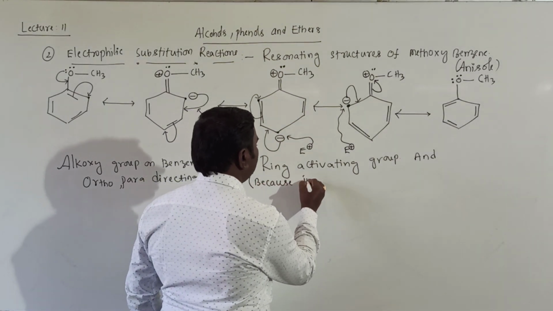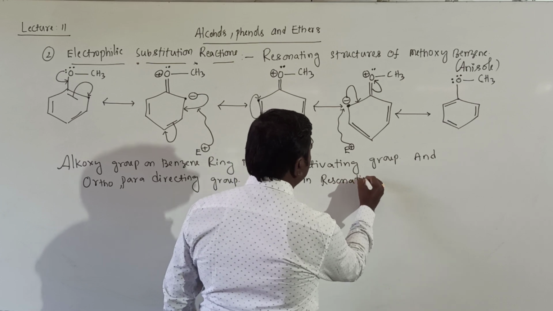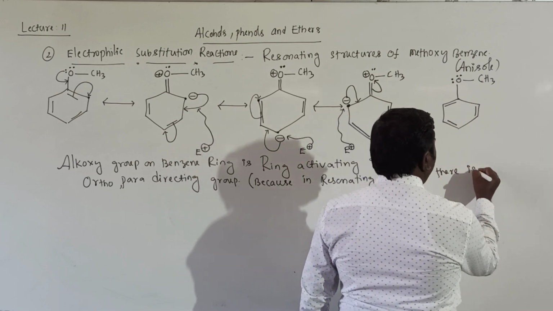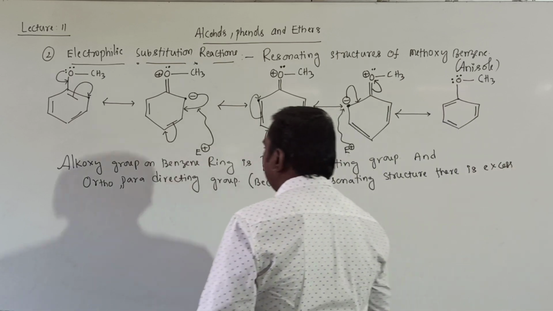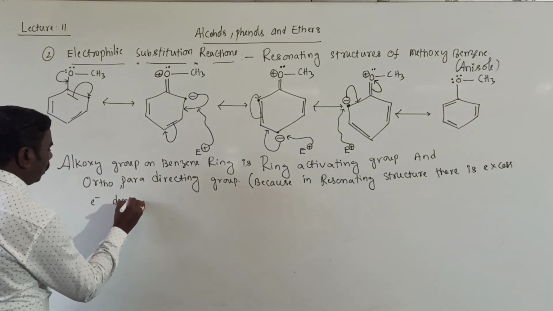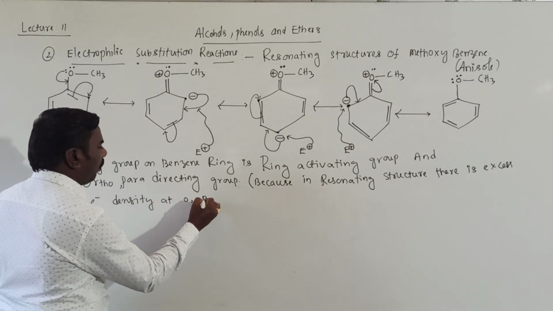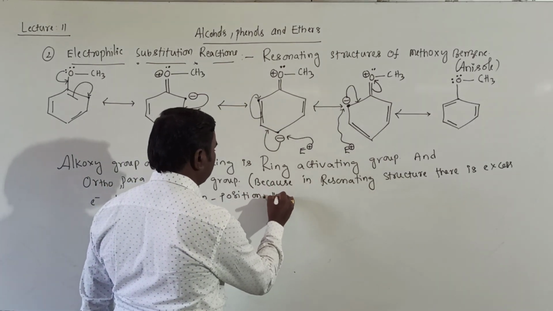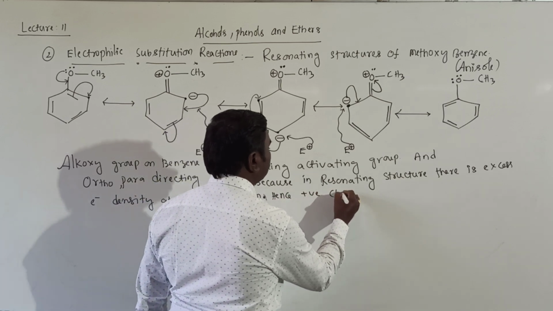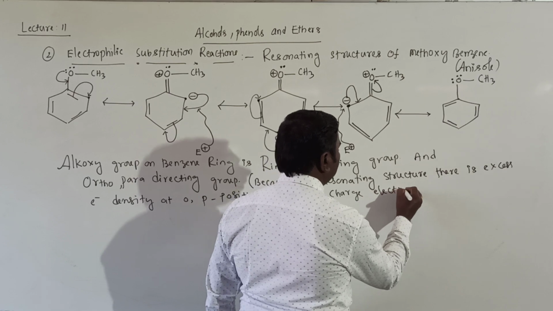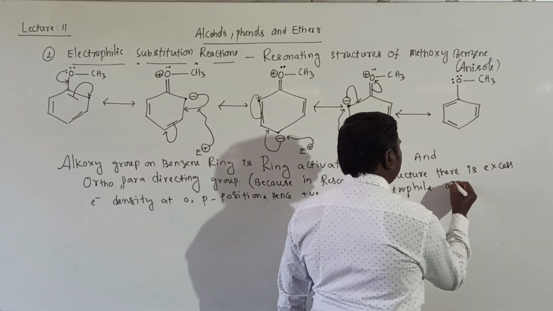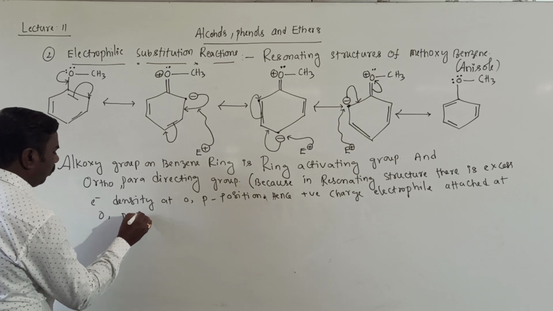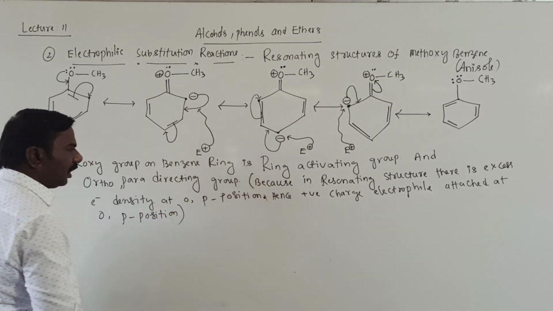Because in the resonating structures there is an excess of electron density at the ortho para positions, hence the positively charged electrophile attacks at the ortho and para positions, right?